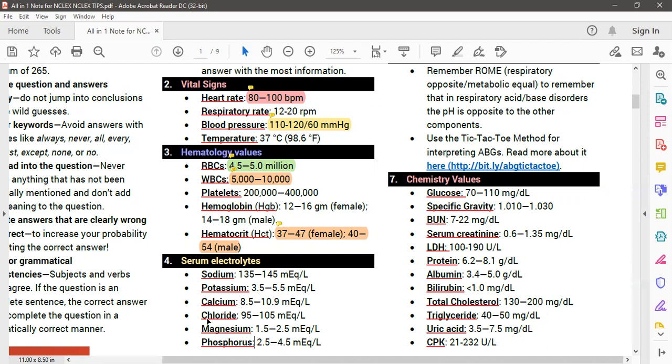Next one is chloride. The salt we eat or we use during cooking, this is sodium chloride. We are talking about the chloride. Normal range is 95 to 105 milliequivalent per liter. Chloride is an electrolyte and keeps the fluid balance.